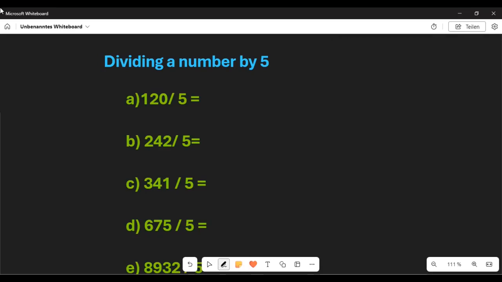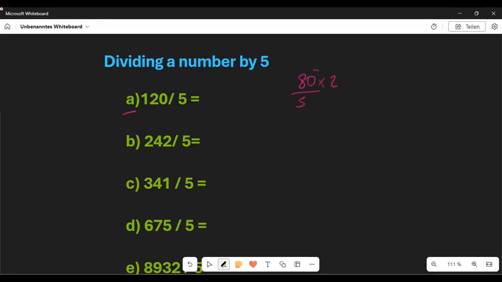So here we have, let's go to A. Before I go to question A, I have to tell you how this is done. Every time you want to divide a number by 5, let's say you want to divide 80 by 5, the first thing you do is ignore 5, but multiply this number by 2.